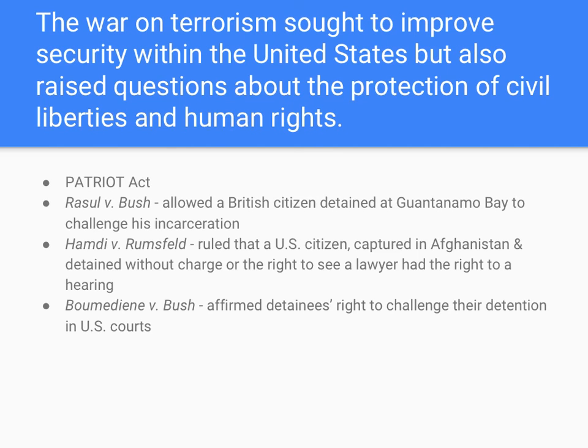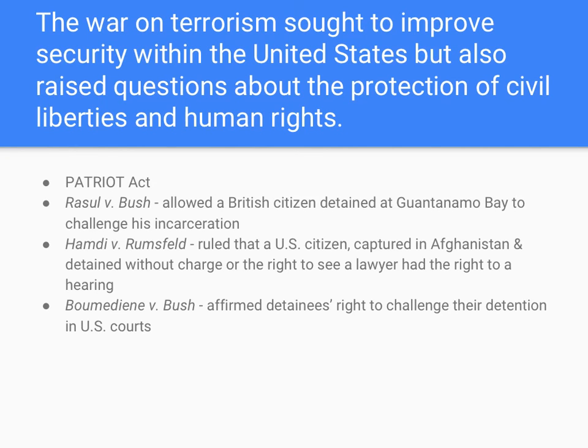And so we saw 3 Supreme Court cases that actually took some of that power away from the Bush administration. Rasul v. Bush allowed a British citizen detained at Guantanamo Bay to challenge his incarceration, to essentially go on trial and argue for his innocence, which was a right not being given to some of those detainees at Guantanamo Bay.